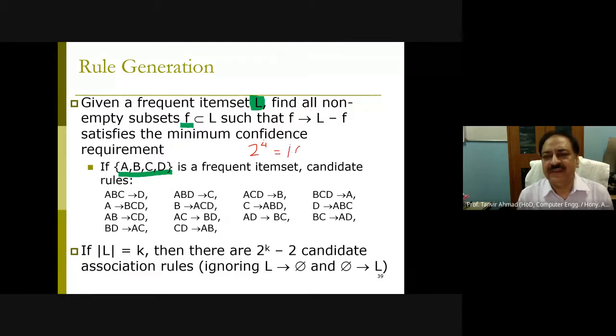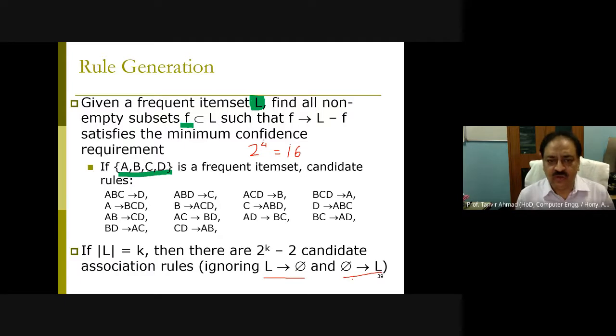But what happens when you generate 16 rules? 2 of the rules are not that important, because those do not give you any particular information about the frequent items. Those are the rules which say empty set follows L and L follows empty set, the null set and the power set.